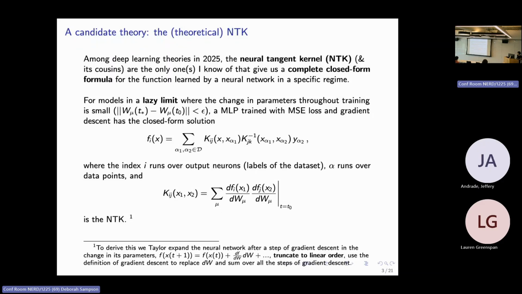Among the theories in 2025, the neural tangent kernel, the NTK, and its generalizations and cousins are the only class of theories I know of that give us a complete closed form formula for the function learned by a neural network in a very specific regime.